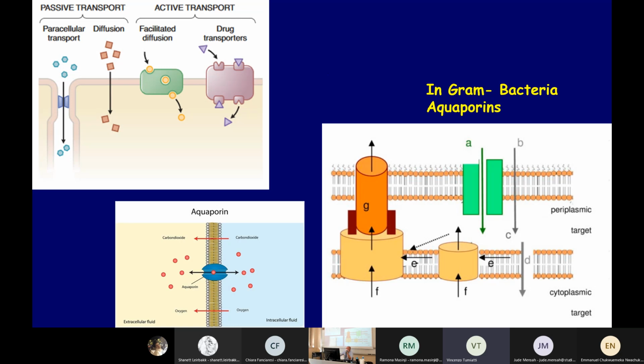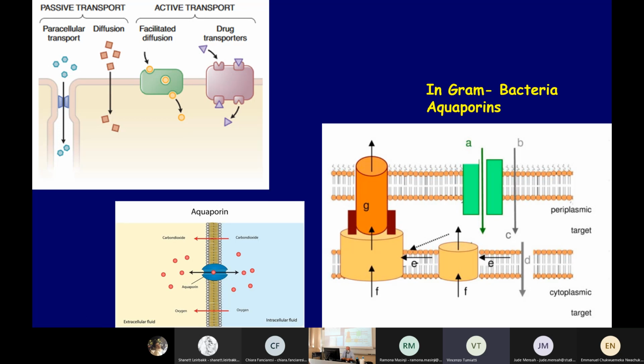But fortunately, we can use a specific shortcut, represented by the aquaporin. Aquaporins are special channels that allow the passage of water molecules. You see, aquaporins are present only in the normal cells. And also, I remind you again, the active transport system.